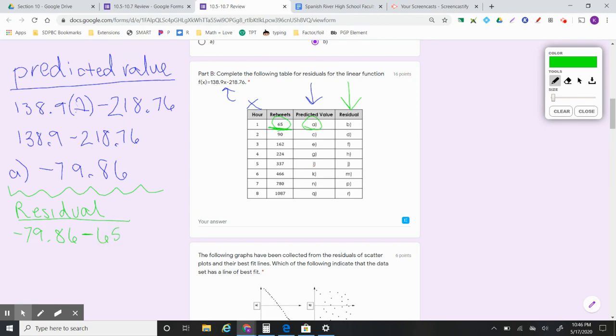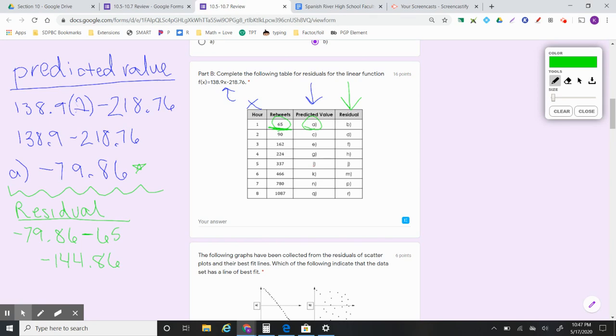That gives me a total of negative 144.86. That means the point I guessed, this one right here, negative 79, is actually 144.86 values below the actual value of 65. It's really far down, not that close to the actual point.